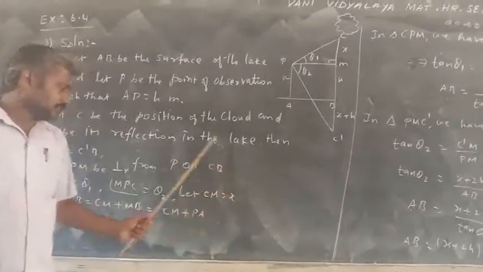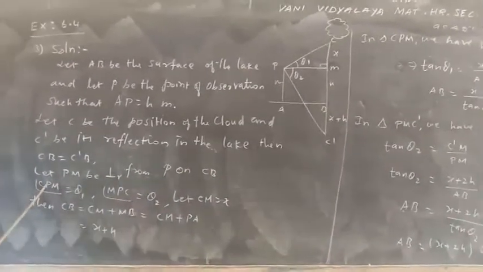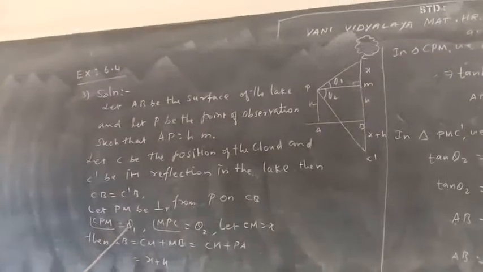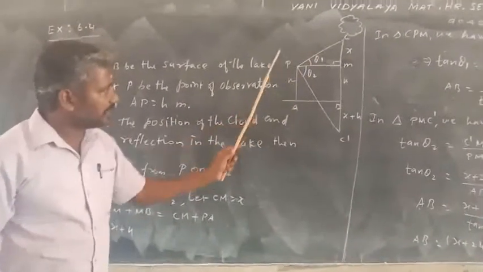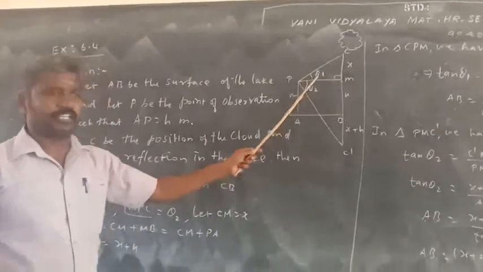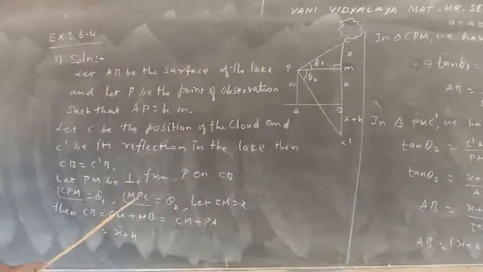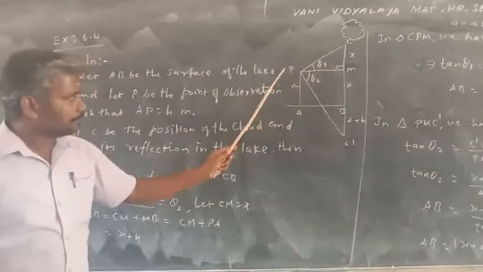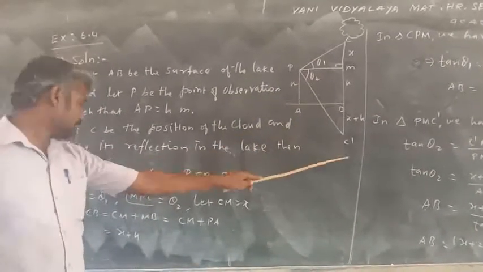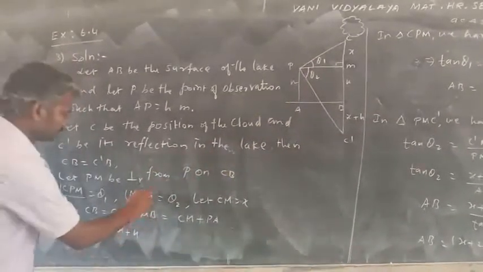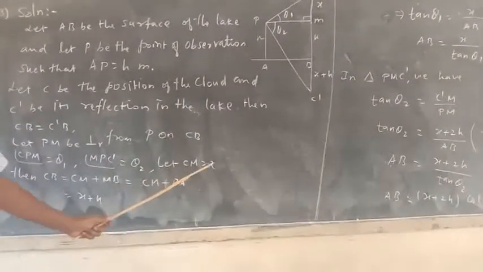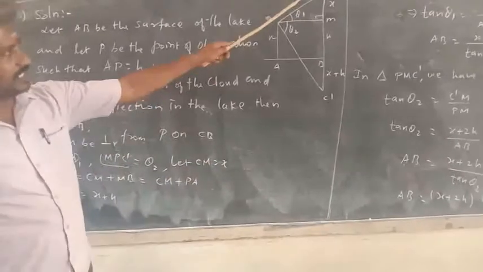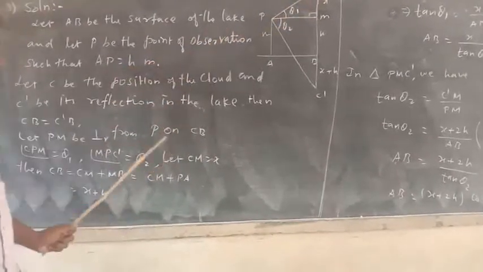Now angle CPM equals theta 1, and angle MPC dash equals theta 2. Let CM equal X; you take CM as X.